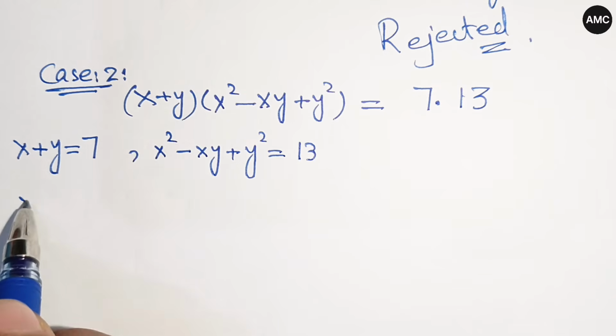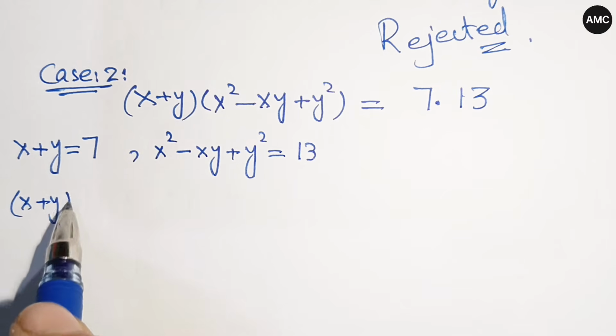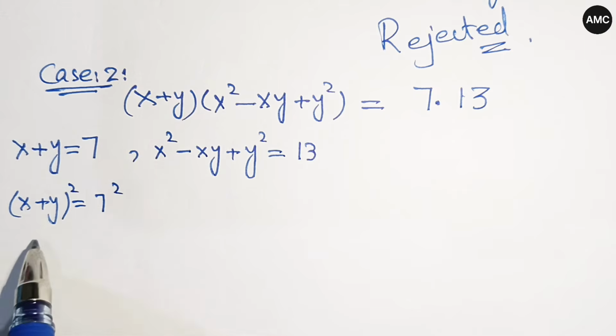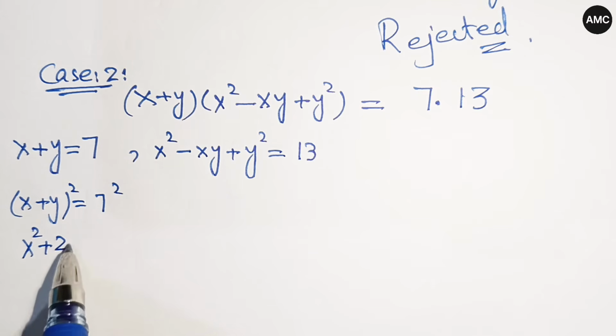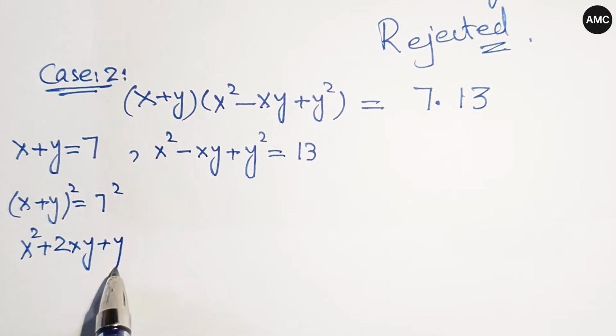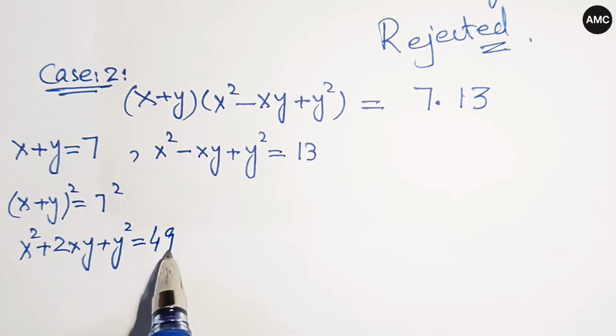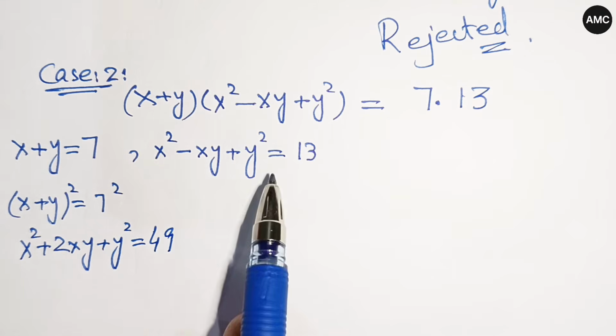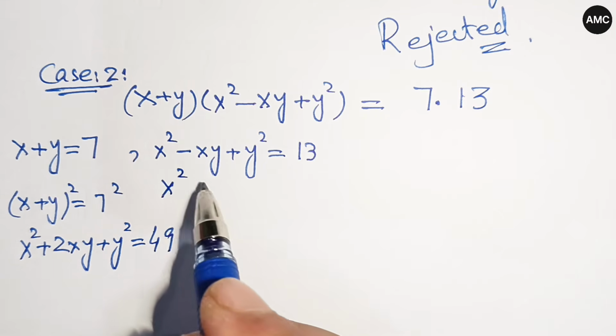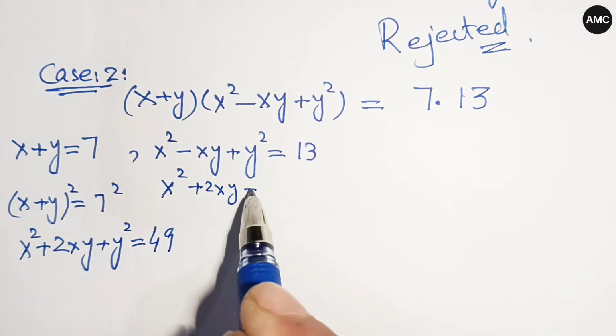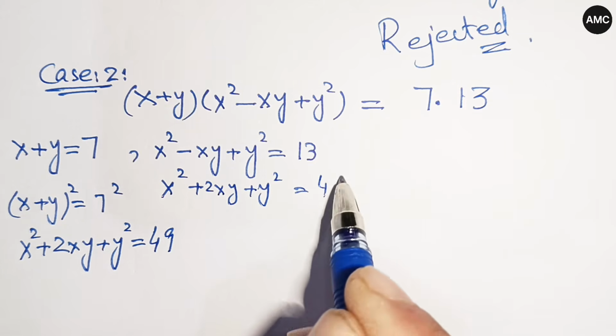Now taking the square on both sides of the first equation, we get x² + 2xy + y² is equal to 49. Now subtracting the second equation from this one, x² + 2xy + y² = 49.